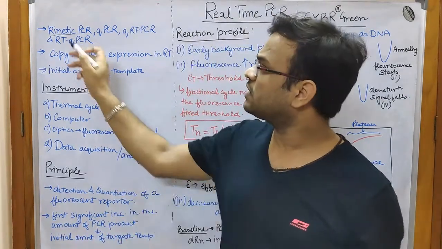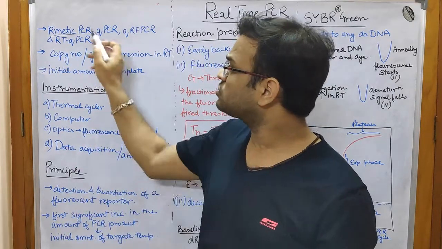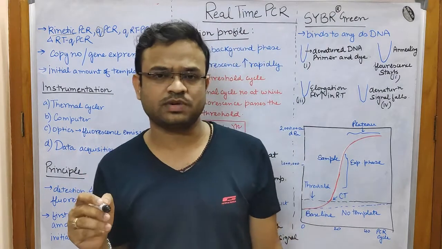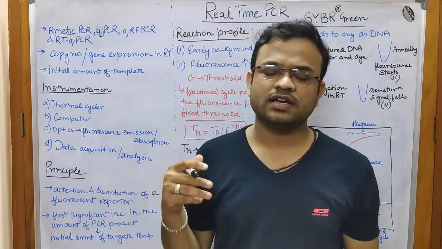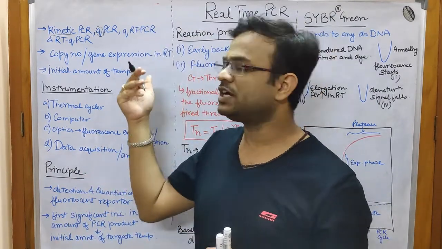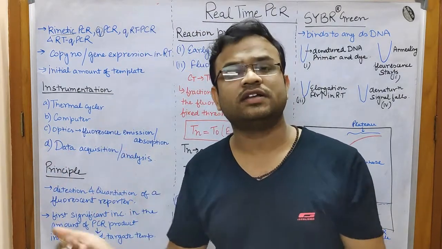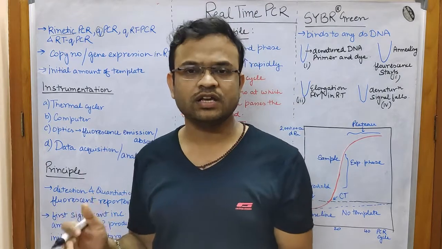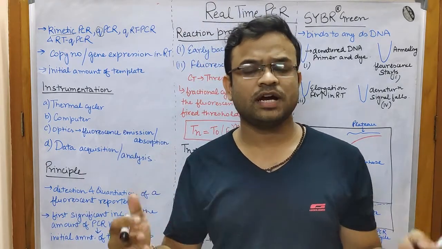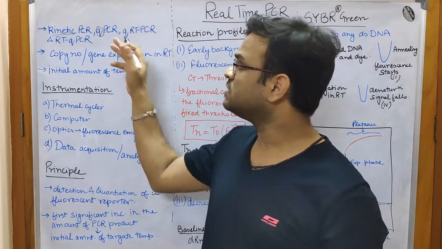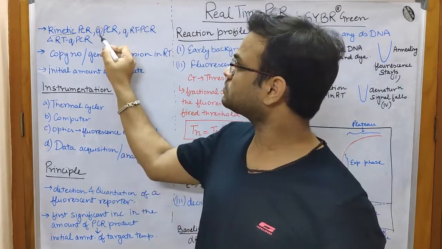That is why the word kinetic is used, and in most of the names you can see that Q has been used. Now what is basically Q? Q is quantitative PCR. Here we try to determine how much quantity of a product is being made, or how much quantity of a gene is being expressed. So that is the meaning of Q.